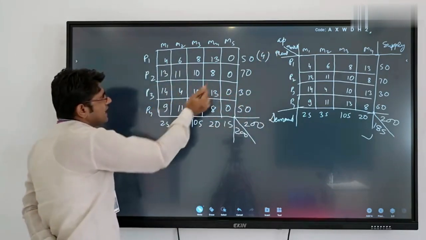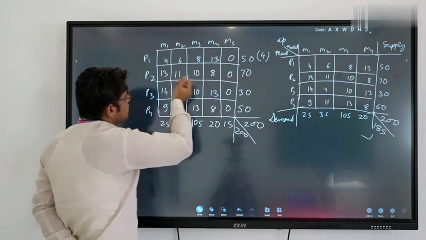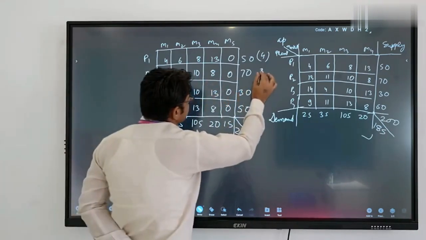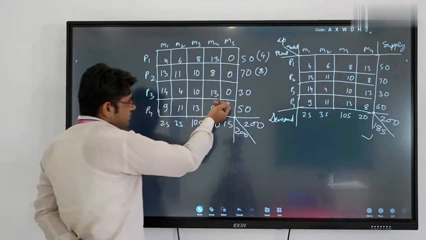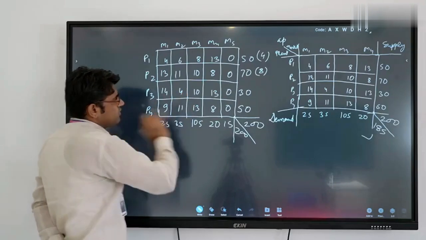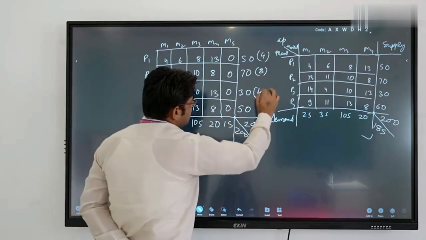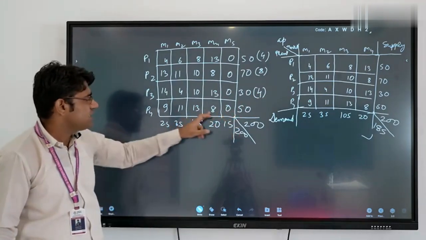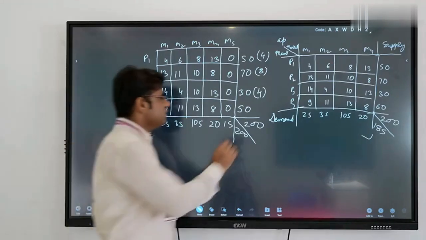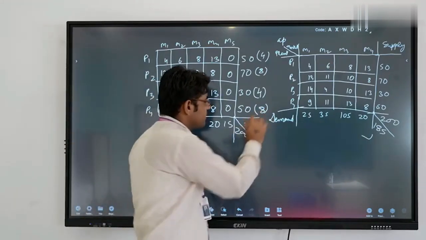In the second row smallest is 0 and second smallest is 8, difference is 8, so penalty is 8. In the third row smallest is 0 and second smallest is 4, so the penalty is 4. And in the next row smallest is 0 and second smallest is 8, so the difference is 8, so here penalty is 8.